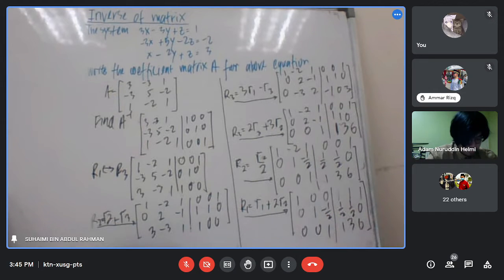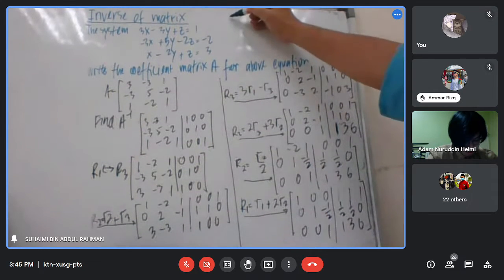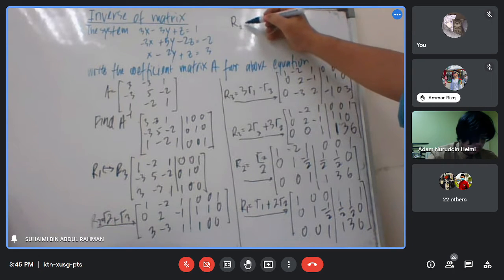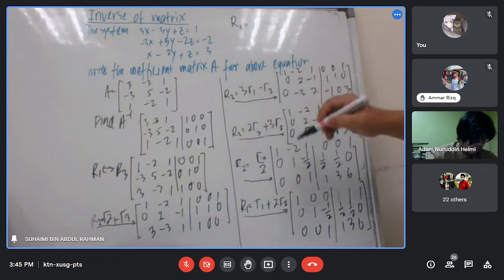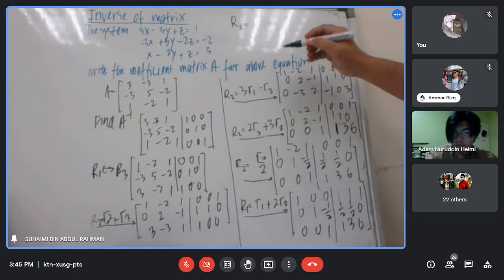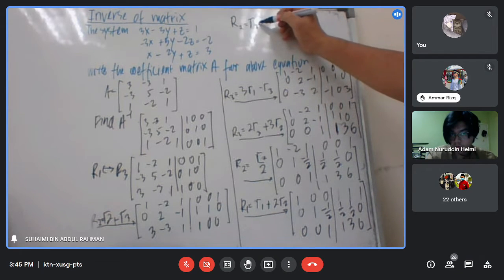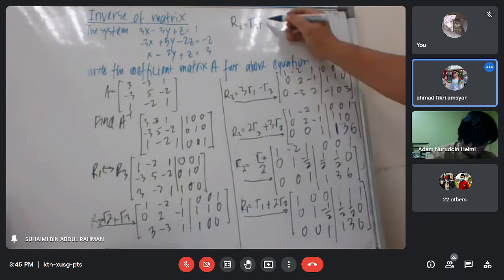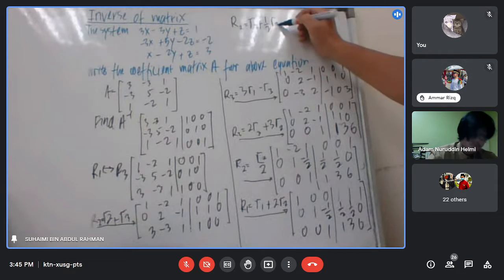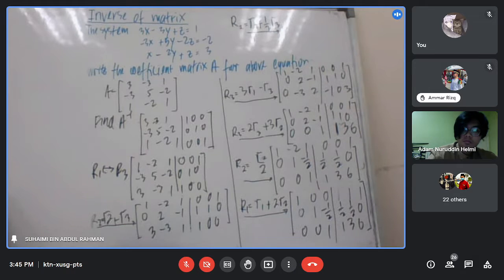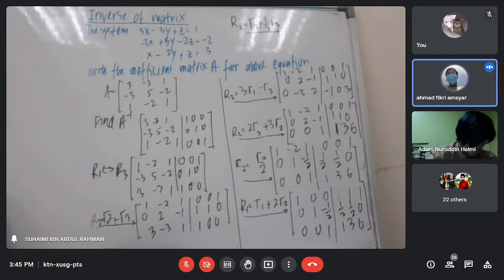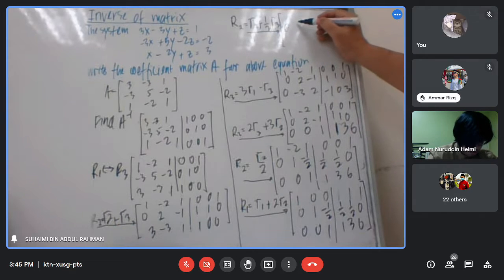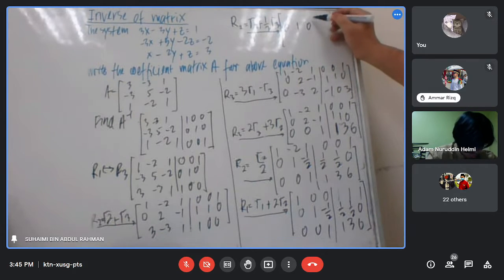The only way now, let's see. Row number 2 again, we want to change to be row number 2 plus 1 over 2 row number 3. Right. So we have 0, 1, 0.